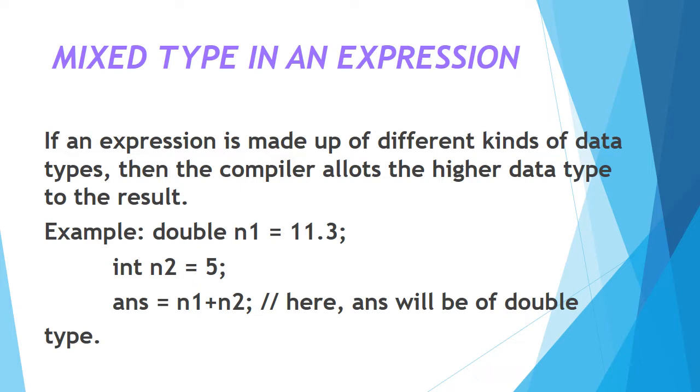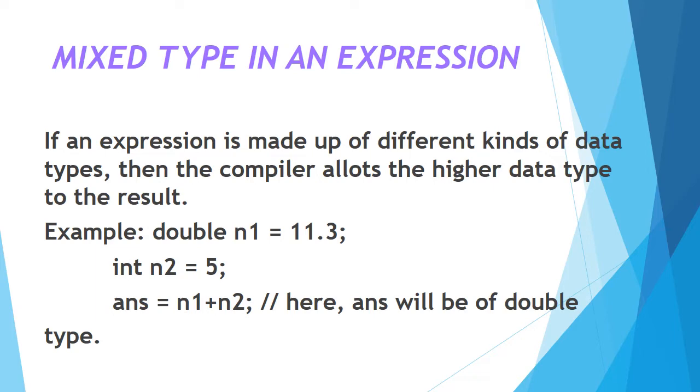So in any expression there may be the same data type of variables, or it may be possible it is a combination of two or more types of variables. Their data types can be different. In this case, the compiler will give the result in the higher data type.